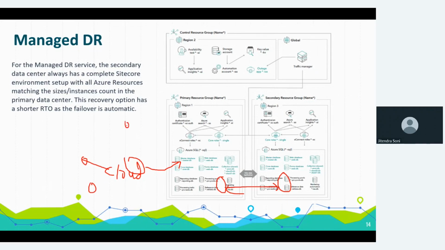This Redis Cache itself will be deployed to three different data centers within the same region. If one data center goes down, two and three are still available, and only if the whole region goes down will it go to the different region.